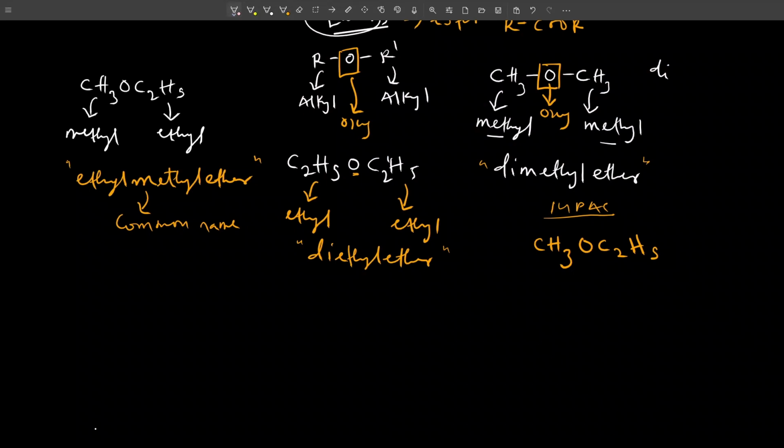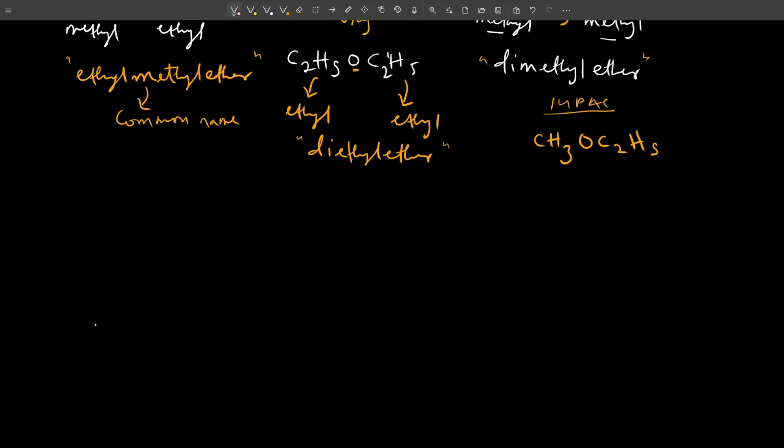I'll just give you a simple rule. When you name normal organic compounds like alkanes and the rest, what do we consider? We consider the parent chain and we consider the substituent. We always say that the longest carbon to carbon chain is the parent chain, while the other one that is not the longest, maybe the shortest, is the substituent.